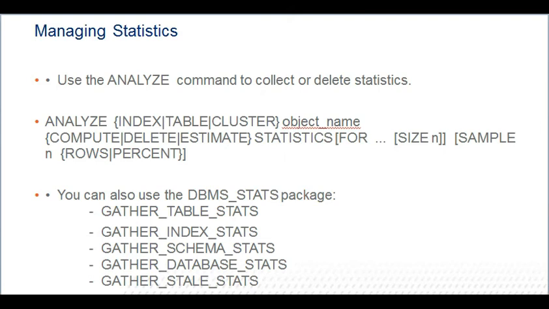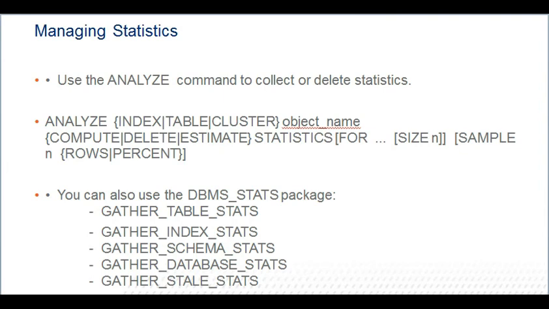Managing statistics. We collect statistics on an object with the analyze command. Although the cost-based optimizer is not sensitive to minor changes in volume or selectivity, we may want to collect new statistics periodically on frequently modified tables to ensure that the optimizer is using recent accurate information.